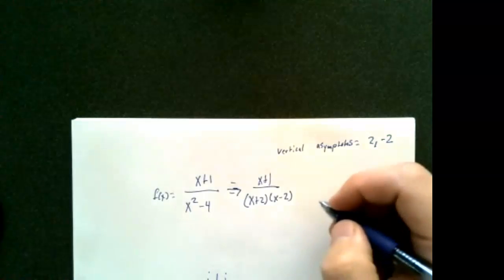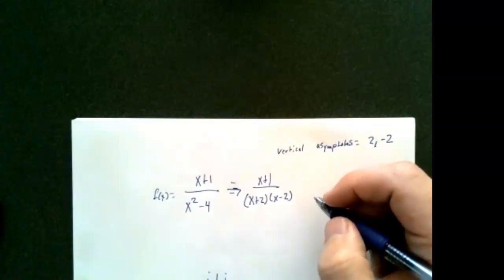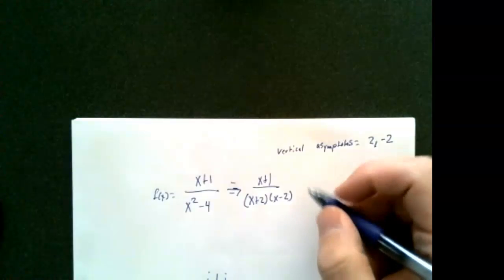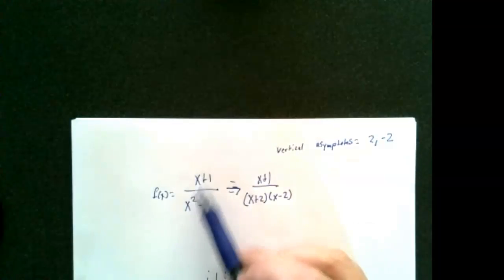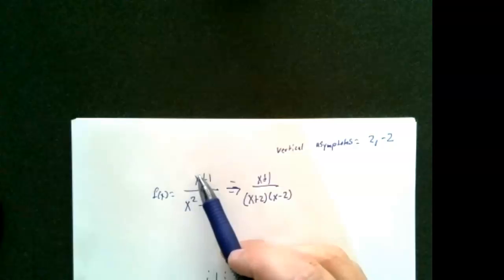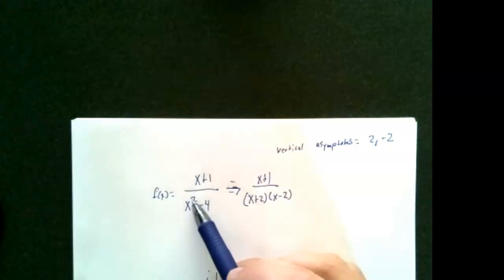Okay, so now let's look at horizontal asymptotes. Horizontal asymptotes, once again, can be determined based upon the degree. So here we have n, which is less than m.